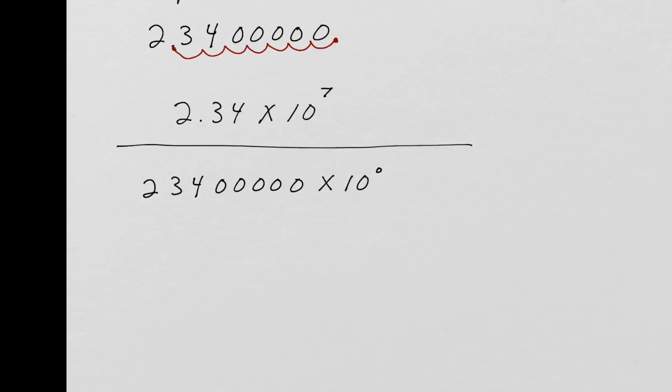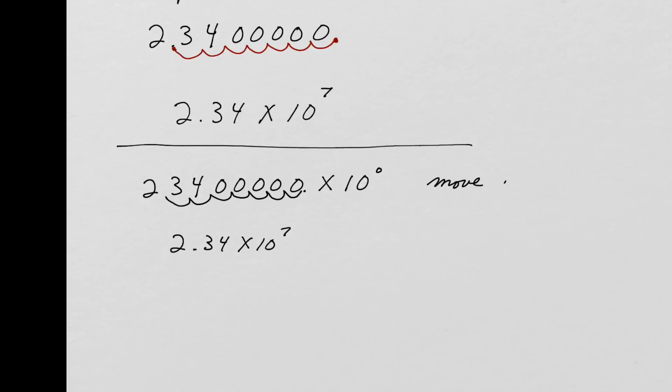And then you could just use the rule, well, if I have to move that decimal point 7 places to the left, then I want to add 7 to my exponent. But what's 0 plus 7? That's just positive 7.